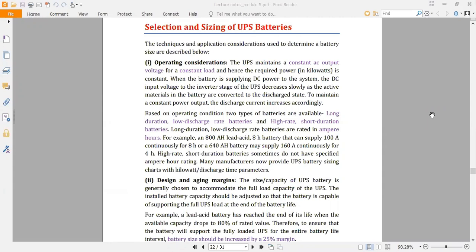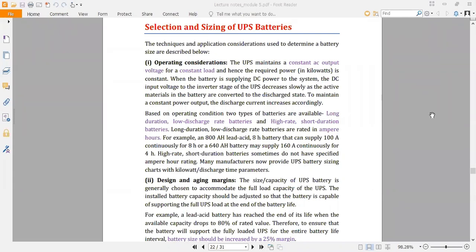It means that there are two different types of battery available. The first one is the long duration low discharge rate battery, and the second one is the high rate short duration battery. What is the meaning of long duration low discharge rate?